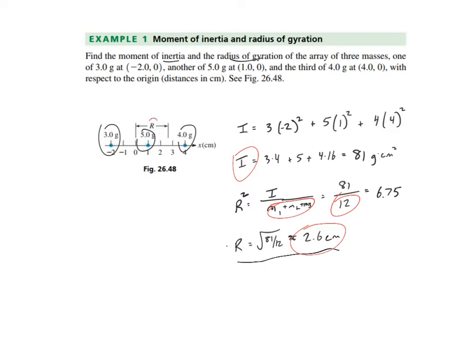So that's what that capital R is, that 2.6. You may not have known what that meant a little while ago. This whole system in rotation has the same inertia as a single 12-gram mass placed 2.6 centimeters away from the axis of rotation.